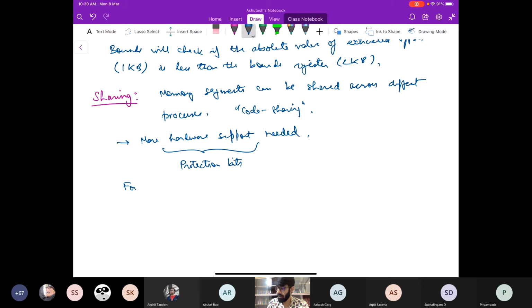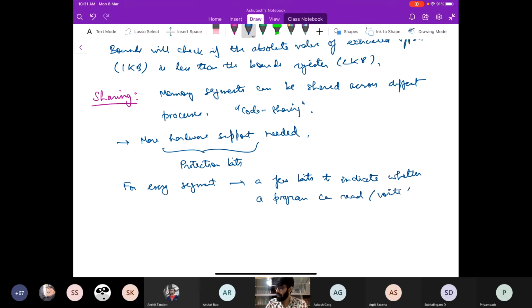For every segment, a few bits indicate whether some other program, or any program, can read, write, or execute from this segment.